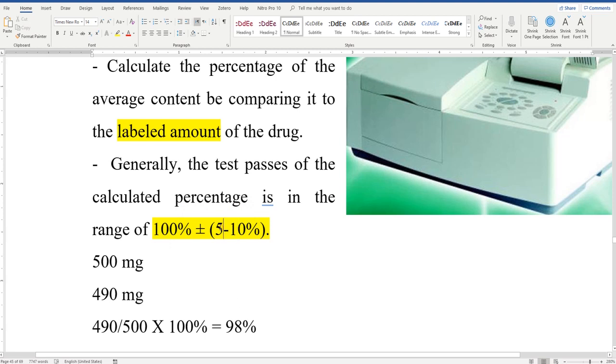If it is, let's say, plus minus 5%, it should be from 95% to 105%. But if this is the case and we got 98%, what do you think? Does it pass this test? Yes, it does. But how do I know this range of 95 to 105?